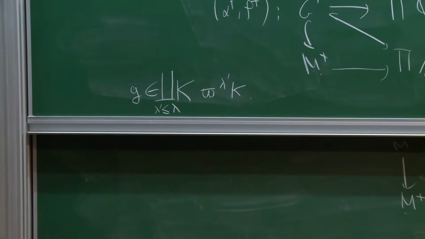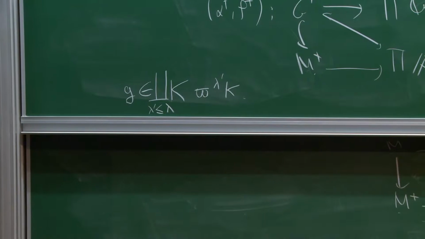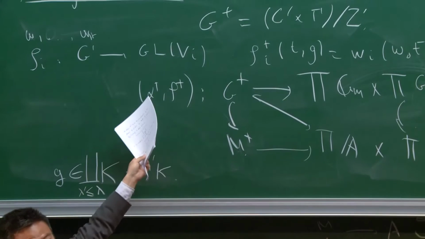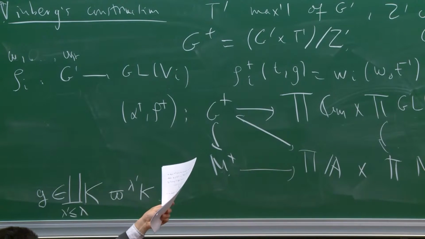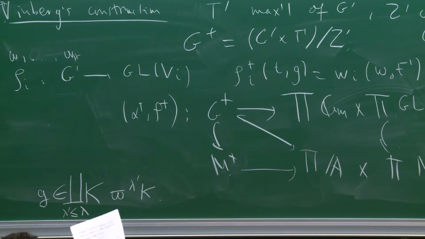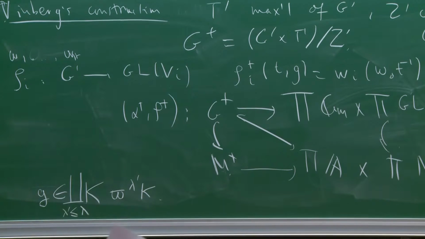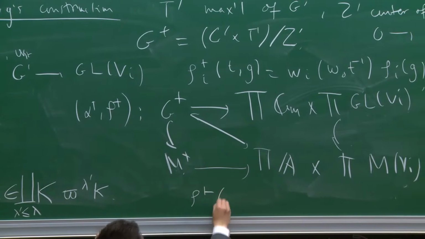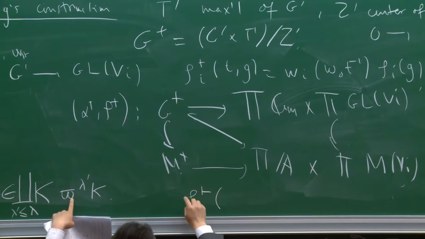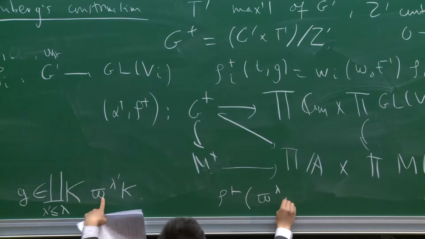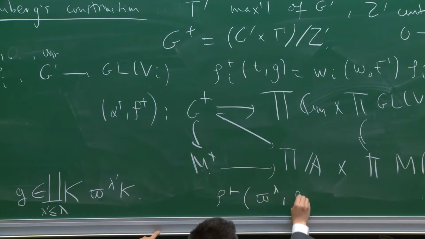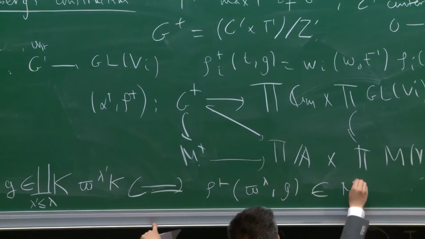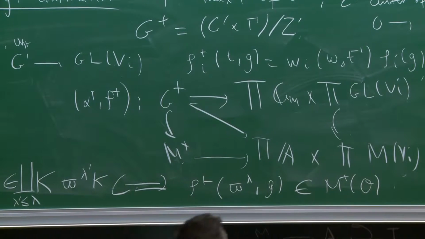You want to write this condition, and obviously you have to use these fundamental weight representations to write down, like the K of G, and then you have to write the minus, right? And now, if you want to write precisely, what you really want is that rho plus of, you just put this to the T, pi^lambda, and G is actually in the M plus of O, right?